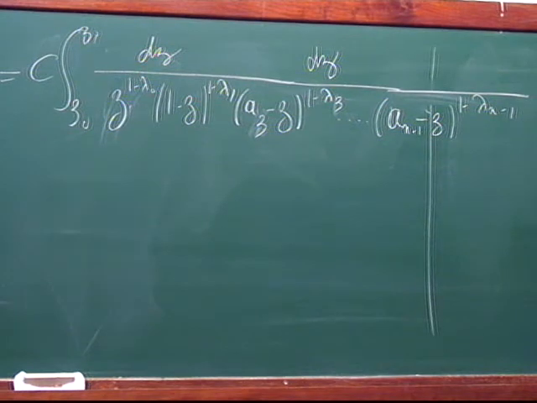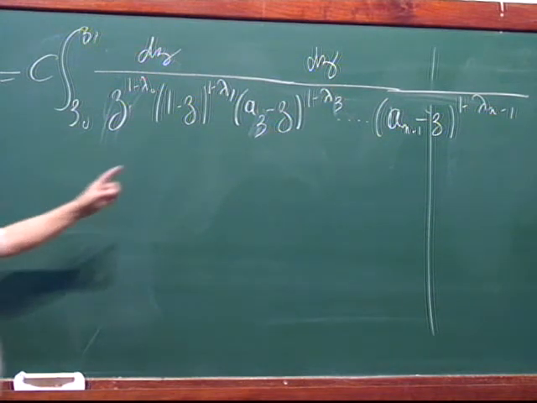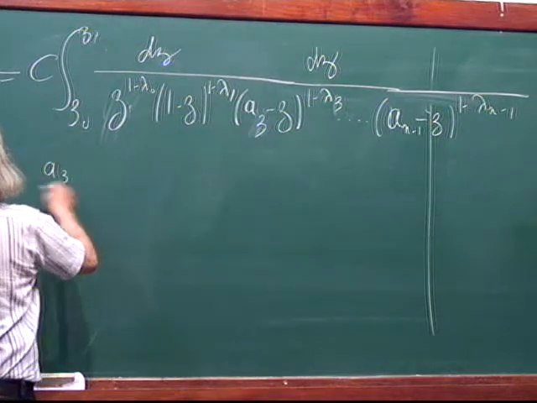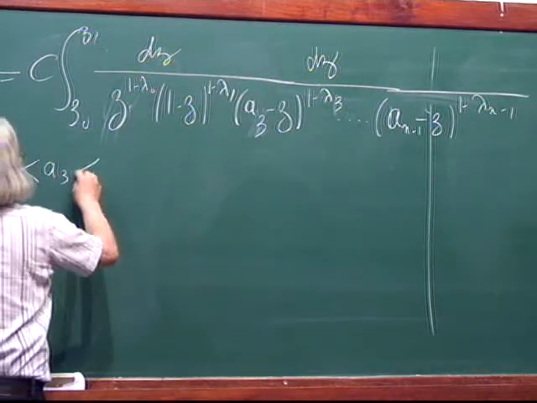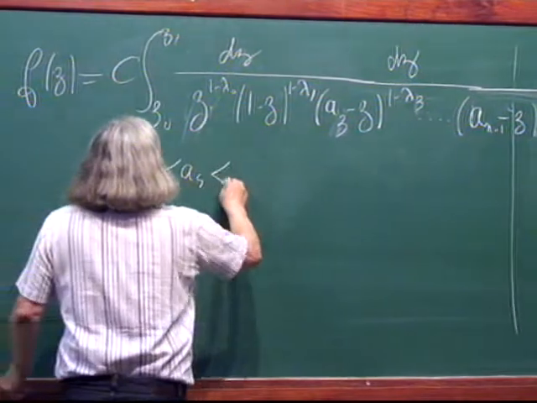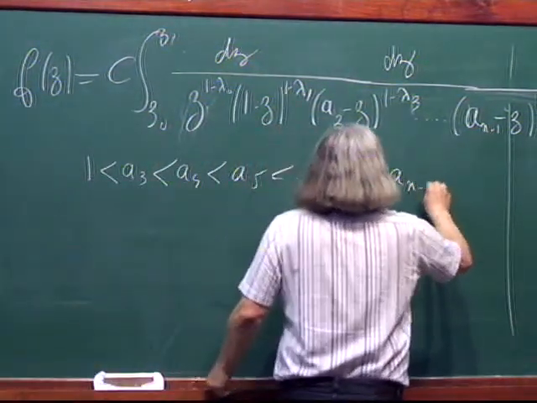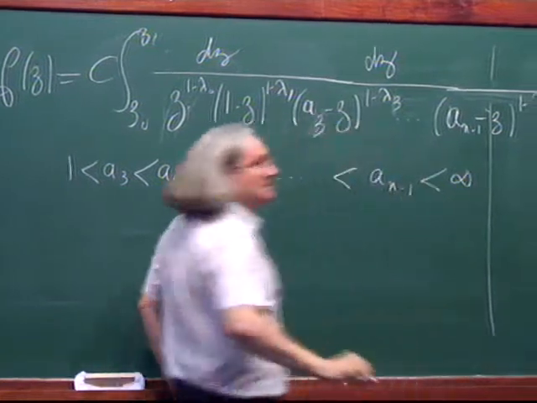You look at this map as a function of A3, ..., An. Now, A3 is a real number which should be bigger than 1, less than A4, less than infinity.